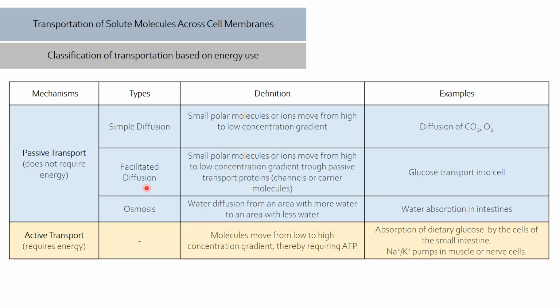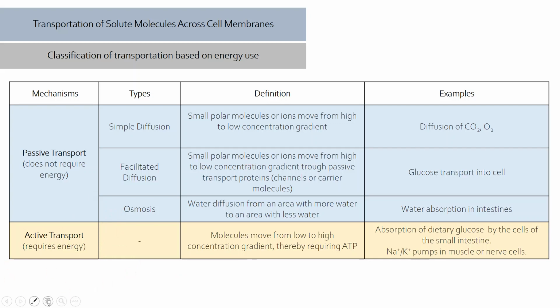And this indicates diffusion of several solutes, like carbon dioxide or oxygen, glucose and water. And they move from an area with more concentration of that solute to an area with less. And because of this, they don't really require energy, because it's a passive movement.